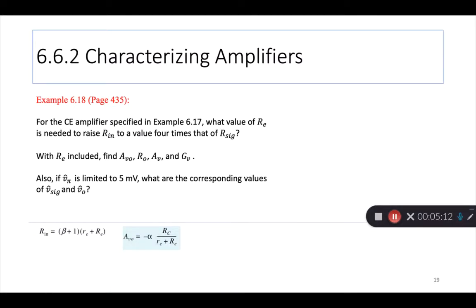Example 6.18 on page 435 is a continuation of the previous example. Now the CE amplifier has a resistance Re in the emitter circuit. So if you include a resistance, then we know what happens is the input resistance Rin increases, right?